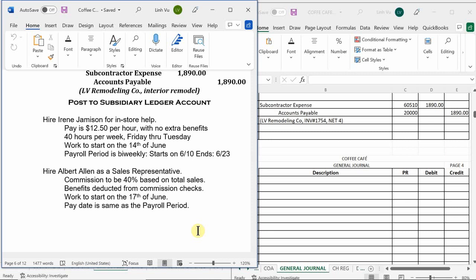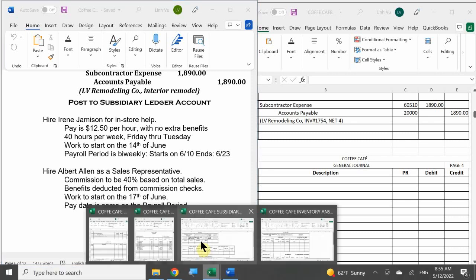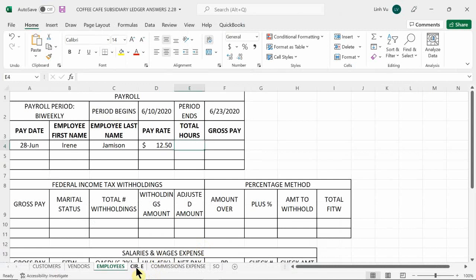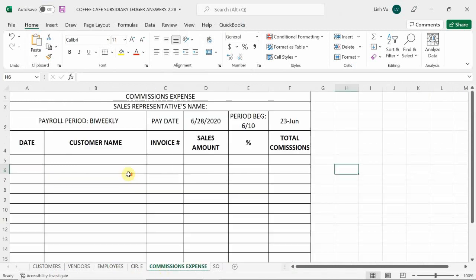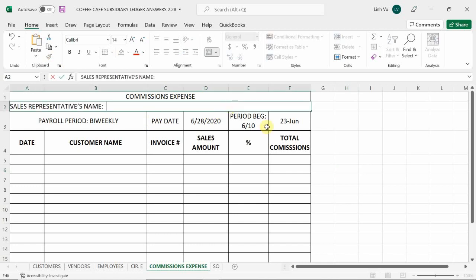He doesn't start yet. He hasn't started yet. Good. So in this case, all we do is just hire him. So there you go. Same section, except we have an actual tab here for commissions. If you go to your subsidiary ledger, you also have your commissions. Here we're going to fill in that we have Albert Allen.